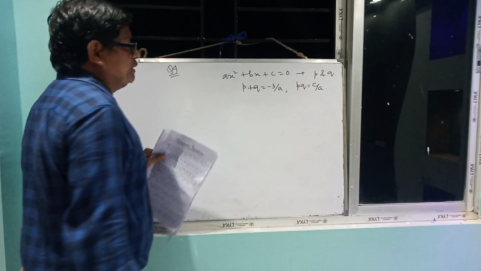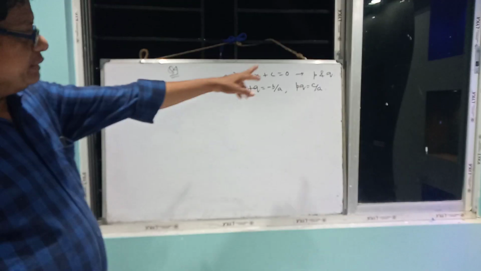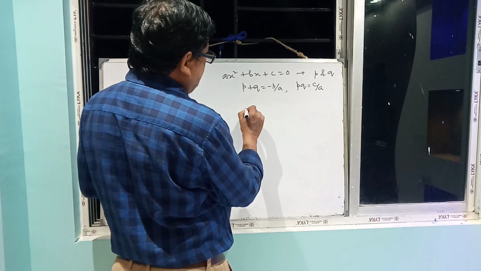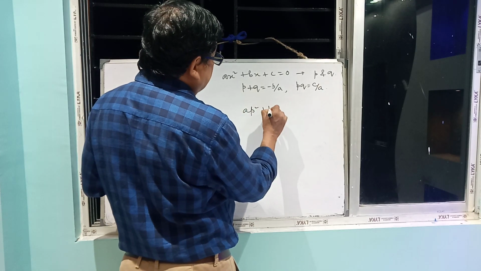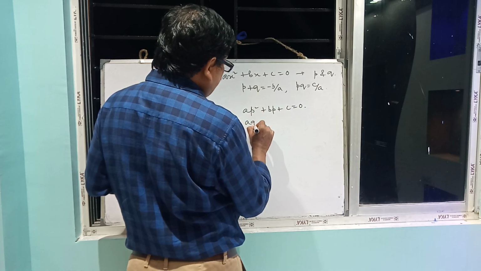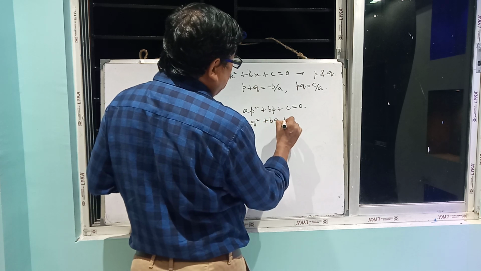Since P is the root of the equation, look here, children: AP square plus BP plus c equal to 0, also AQ square plus BQ plus c equal to 0.